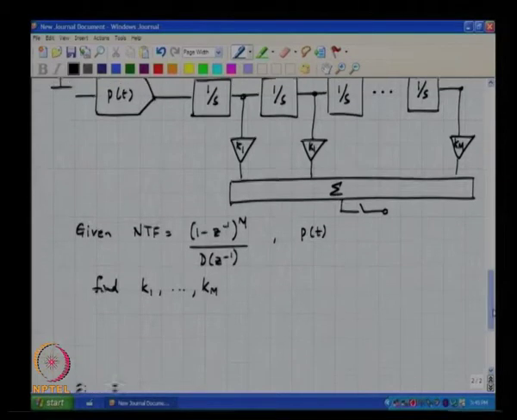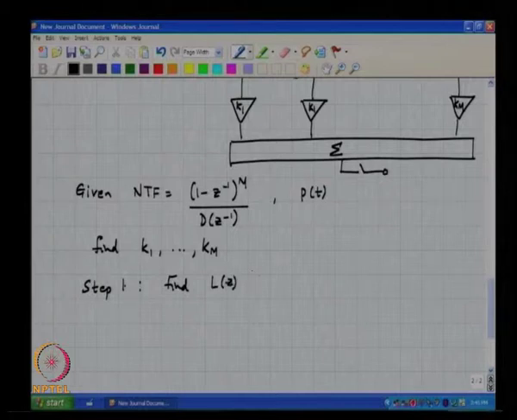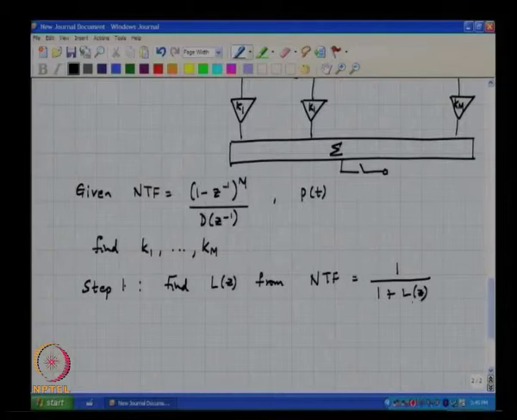First thing would be to find L of z from NTF is 1 by 1 plus L of z, correct.